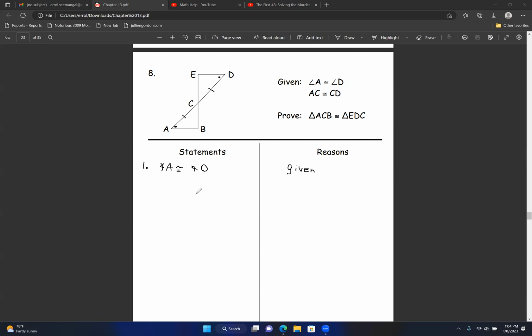So that's an angle, right? What's number two? AC equals CD. Yep, line segment AC equals line segment CD. That's given also, right? Yeah, given. So that's a side, right? AS, and then what's three?